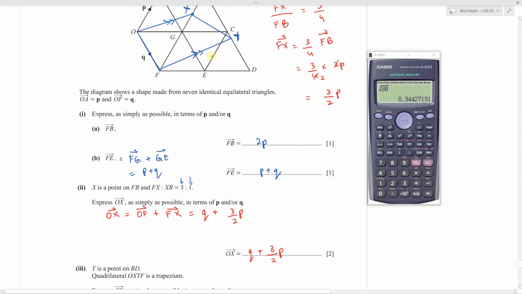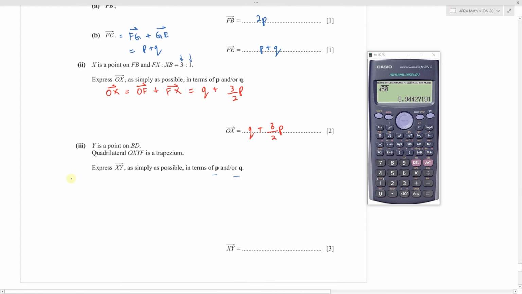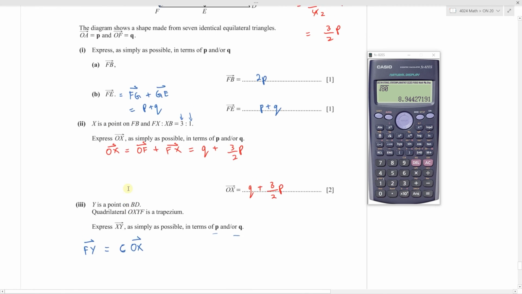Now let's see how we can calculate this vector FY. Since vector FY is parallel to OX, I can write FY as some constant, let's call it c, multiplied by the vector OX.